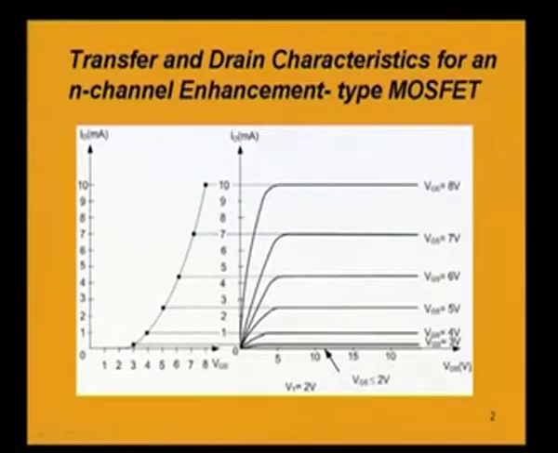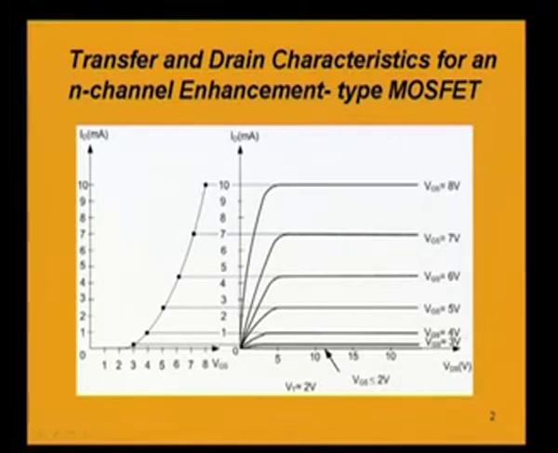For example, let us consider this particular device having a threshold voltage of plus 2 volt. That is, if the gate to source voltage is below that threshold voltage, then the current from drain to source will be 0, that we discussed in the last class. So for gate to source voltage below 2 volt, the drain to source current is 0.